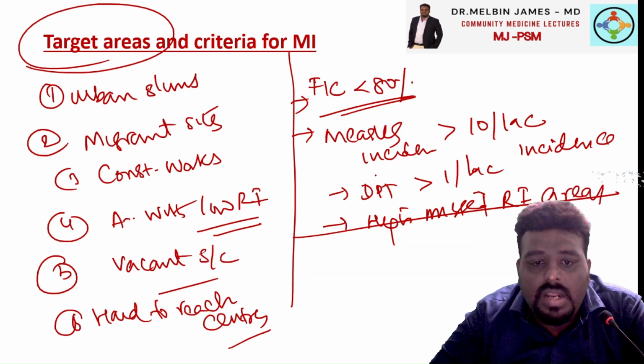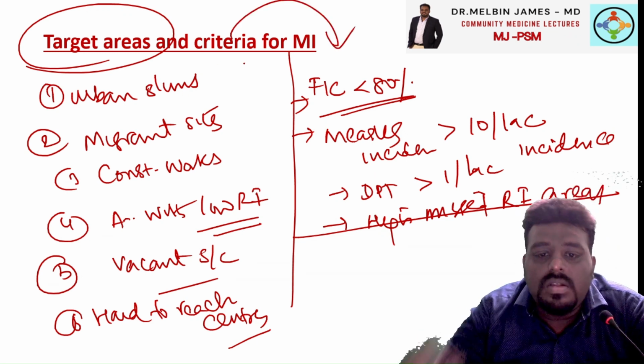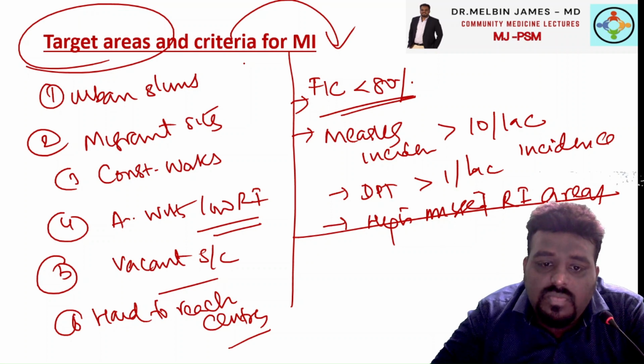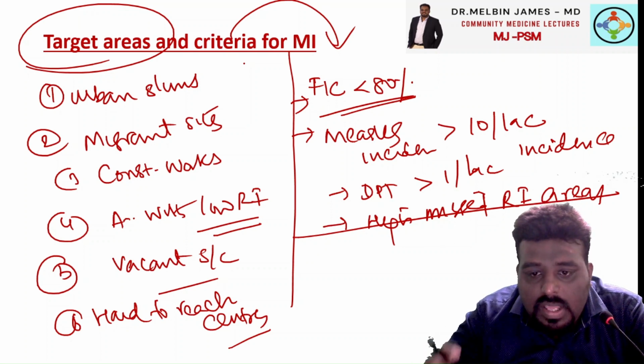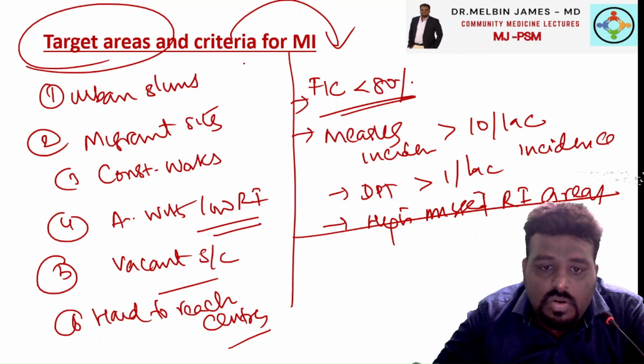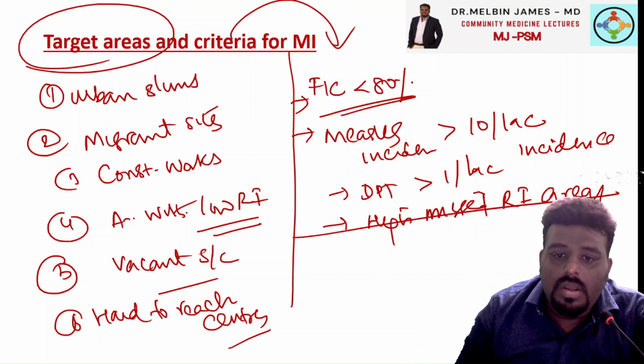Okay, this is the criteria. Full FIC means full immunization coverage less than 80%. Those particular areas or districts will be taken under consideration for Mission Indradhanush, or areas with a high prevalence of measles.